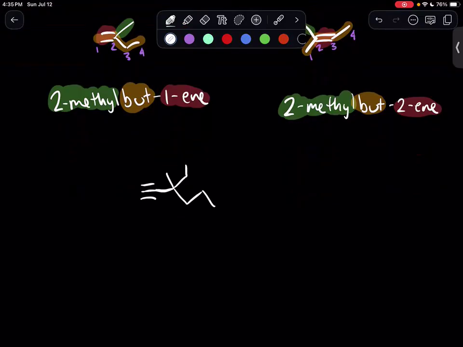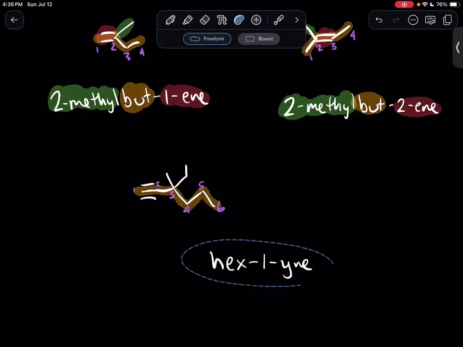Let's make one of them an ethyl group. Regardless, we want our priority to be on the double or triple bond. So in this case, I still have our hex-1-yne. I'm going to move it over.